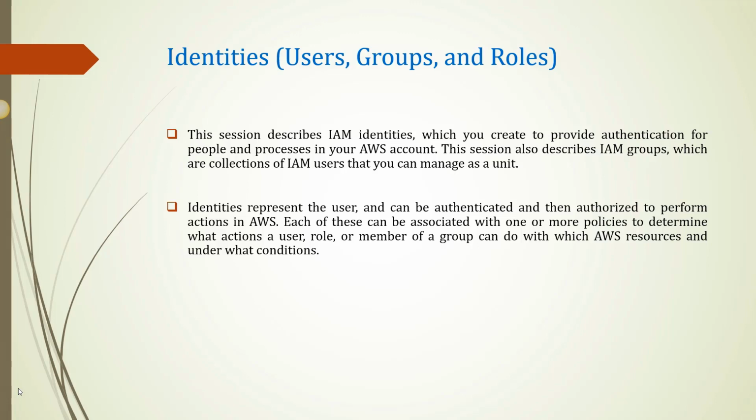Identities represent the user and can be authenticated and then authorized to perform actions in AWS. Each of these can be associated with one or more policies to determine what actions a user, role, or member of a group can do with which AWS resource and under what conditions.